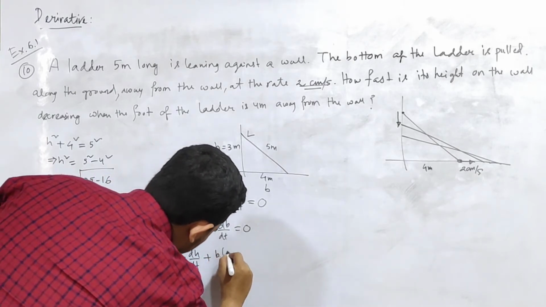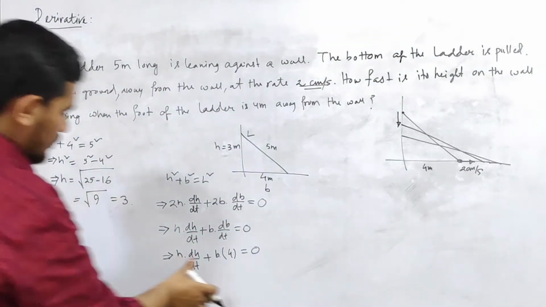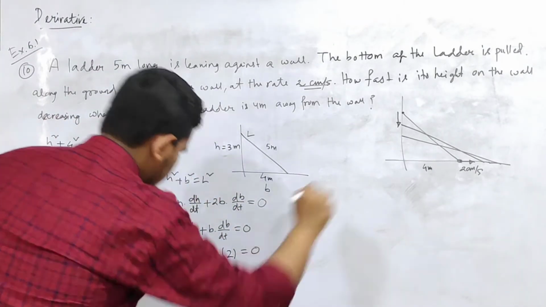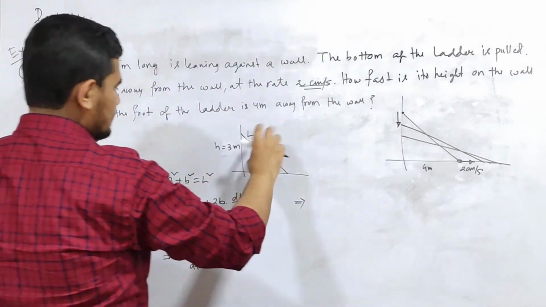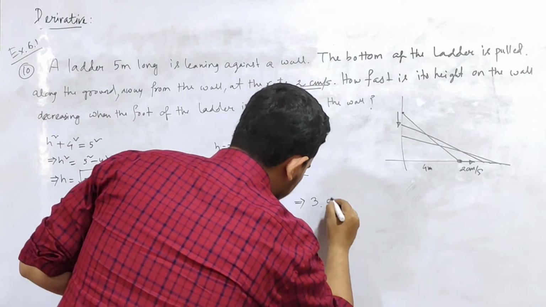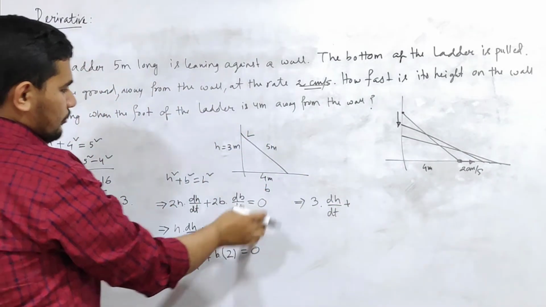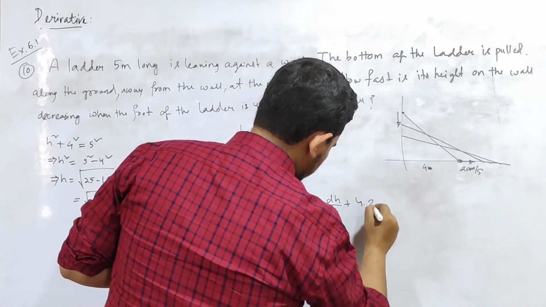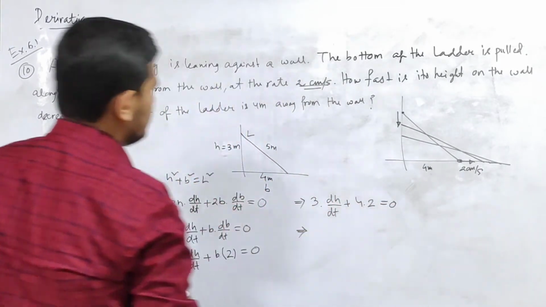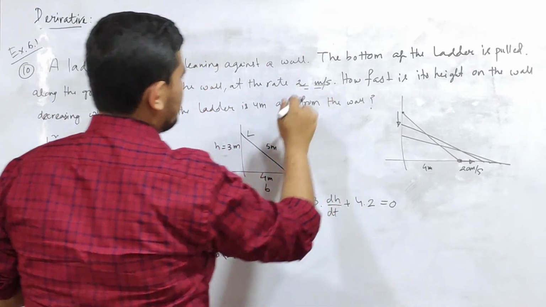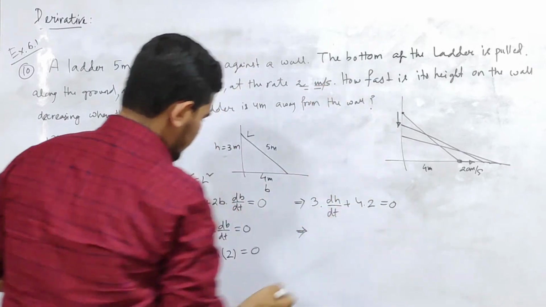So b, this is 4, equal to 0. Sorry, this is 2. When I simplify, I can have at that instant h is 3 dh by dt plus b is 4, times 2, equal to 0. Let's suppose this is centimeters, so that I need not change the value.